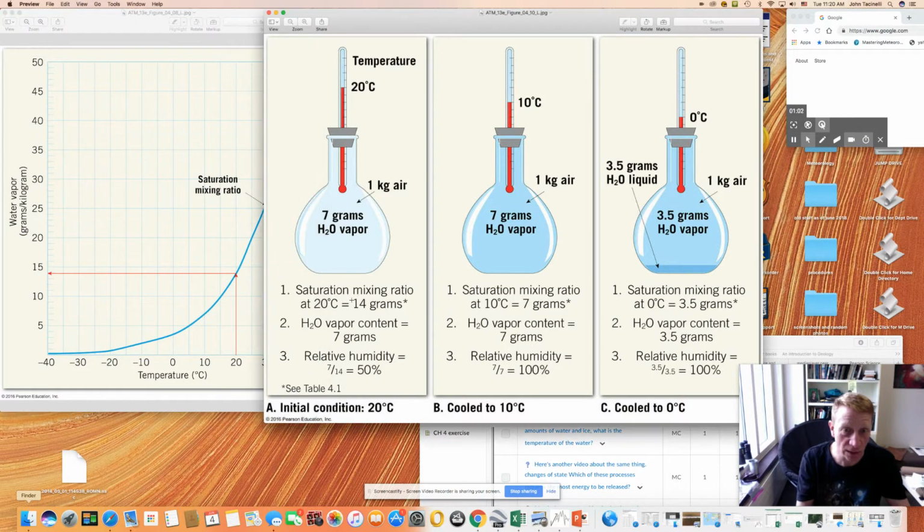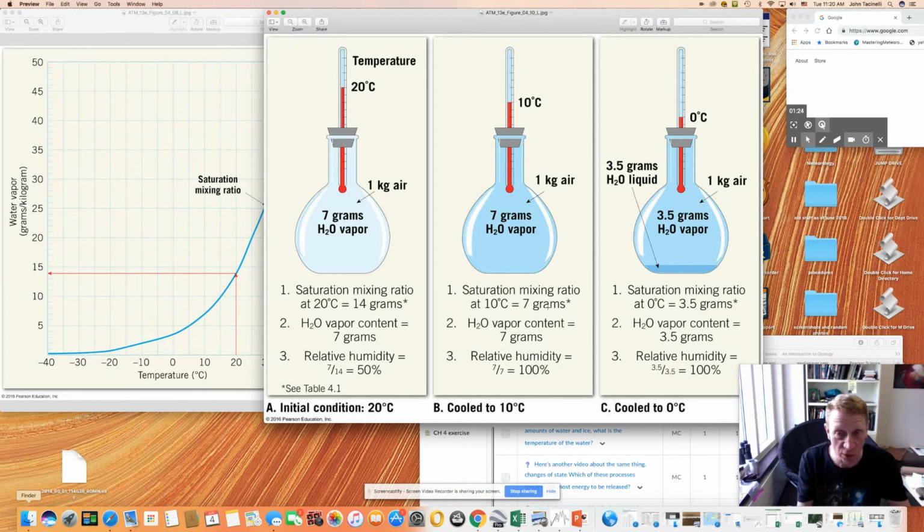So let's look here. It's 7 grams in 1 kilogram of air at 20 degrees. It's 50% full because it could hold 14, but it's only holding 7. If the air temperature drops to 10, it's still holding 7, but 7 is all that it can hold. That's the saturation mixing ratio. So it's full, 7 out of 7.